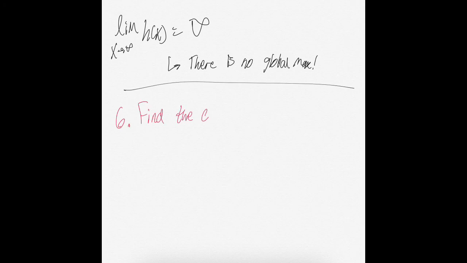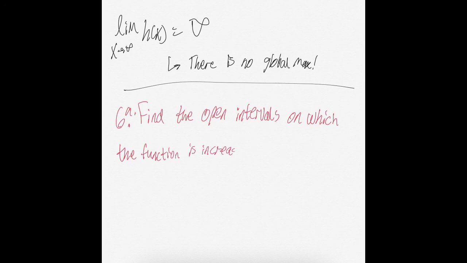The next problem on the docket is number 6, and this is going to have the same instructions essentially. So 6, it's just going to have a different function. So find the open intervals on which the function is increasing and decreasing.